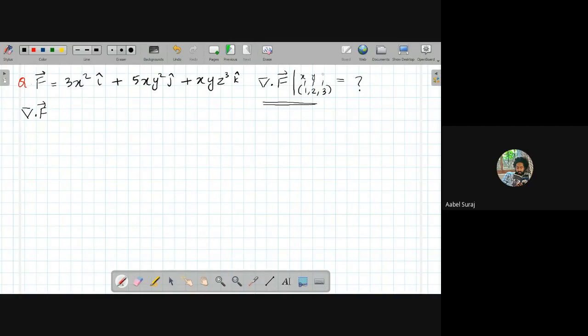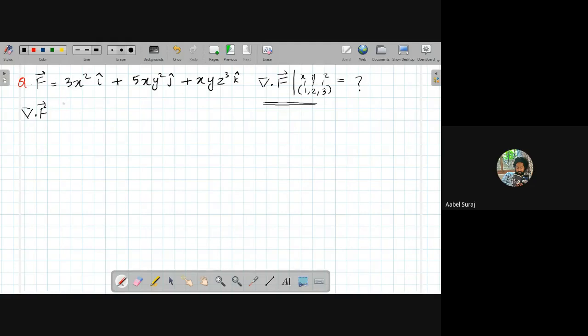That's it. If you want the divergence at a particular point, you just do the divergence, then put in the point.